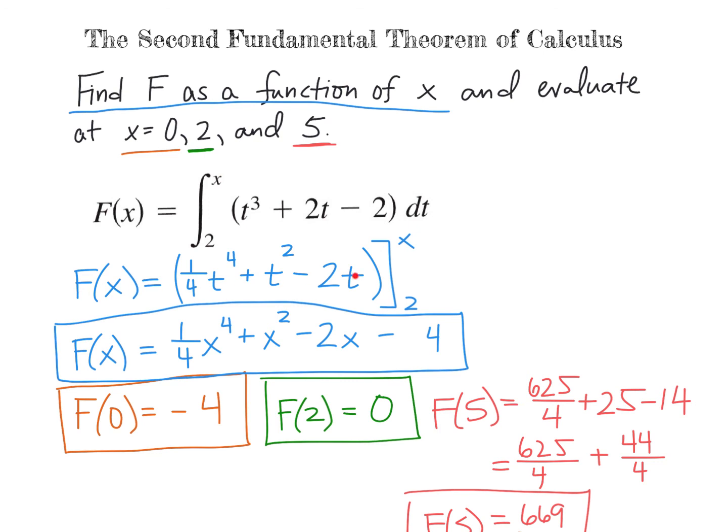Then, once we have a function, we're essentially using pre-calculus to evaluate at different x values. Now, when plugging in 2, we did use the calculus idea, properties of definite integrals. When the lower and upper limits are the same, then our output is 0. So we can use the second fundamental theorem of calculus along with the first fundamental theorem. They do kind of marry nicely, as we've seen throughout this video.